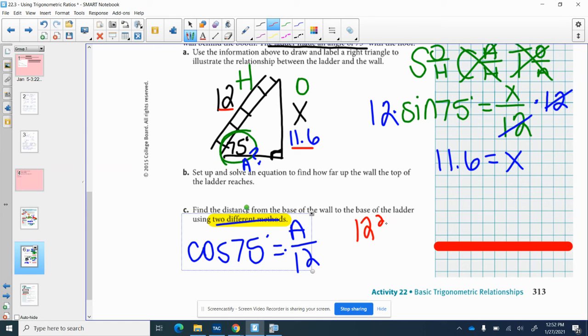We can actually also use Pythagorean theorem because we have 2 of the sides now, and we could solve for that missing adjacent side using Pythagorean theorem.